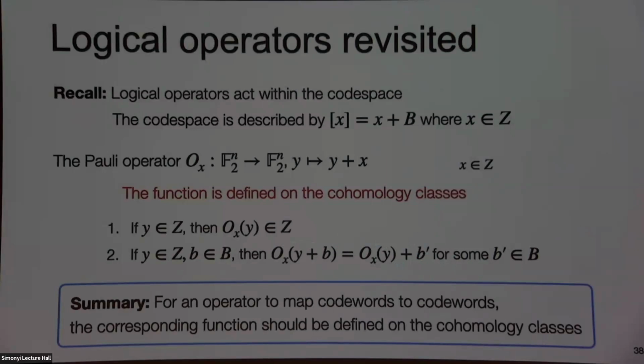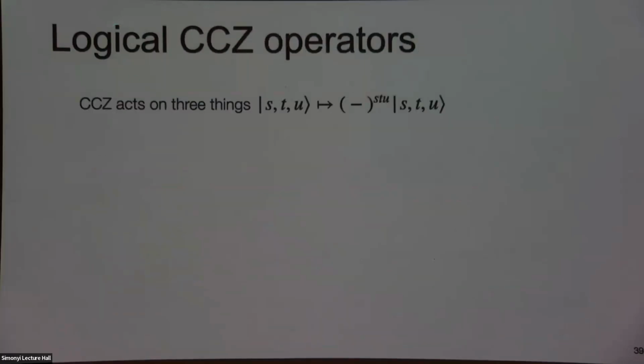So the summary is that for something to be a logical operator, meaning it maps code words to code words, the corresponding function should be defined on these cohomology classes. Here I'm doing a translation from the quantum physics world into a combinatorial requirement.